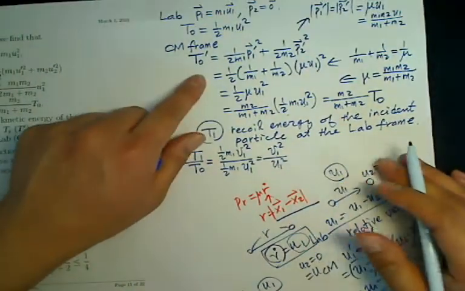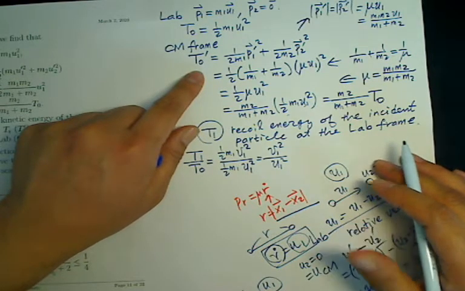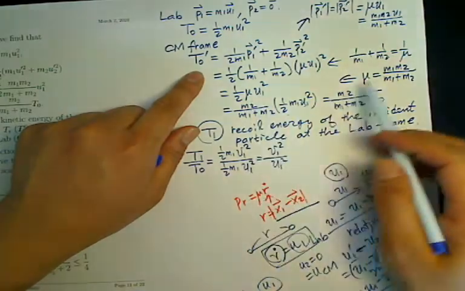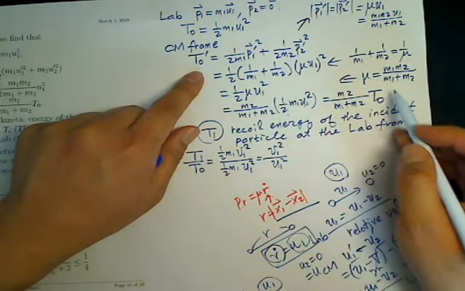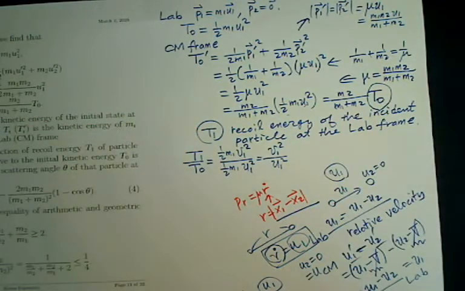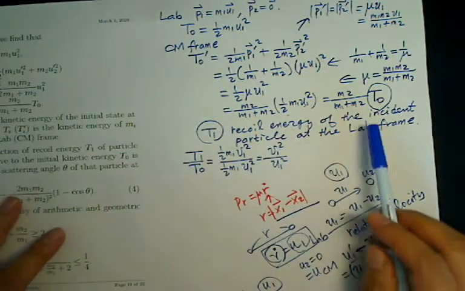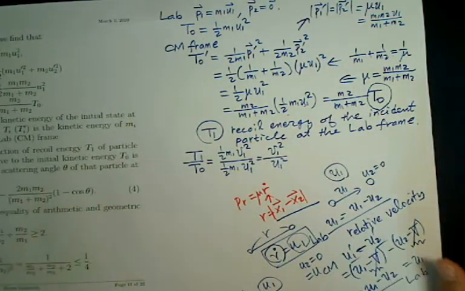So the CM frame total kinetic energy is, if we substitute the reduced mass, it can be converted to the initial kinetic energy of the lab frame, and that is smaller than the value measured at the lab frame.